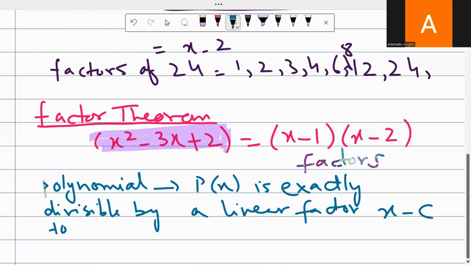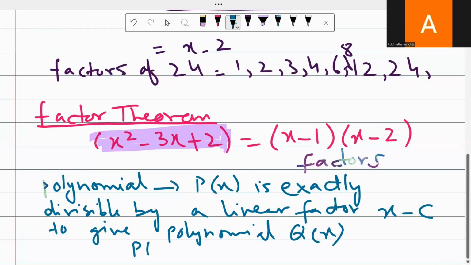When you divide, you get another polynomial q(x). Then p(x) is basically equal to (x − c) q(x), where q(x) means quotient.